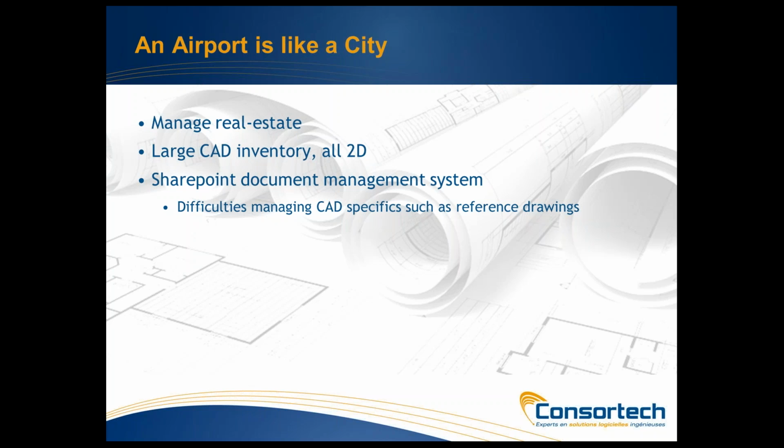So they manage everything from their aqueduct to their sewers, to their roads, to their electrical. And on top of that, there are some components that are really airport specific, like runways and runway lighting, for instance. That's really specific to them. So they're kind of like a mini city, and they have as much data and infrastructure as a city to manage on a smaller scale, but it's a lot of information.